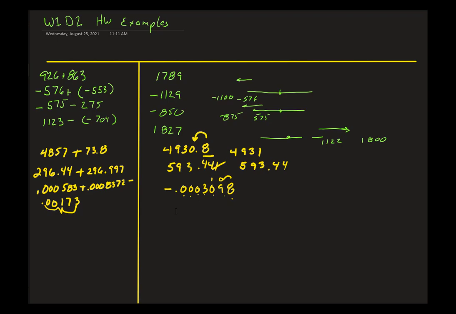And so that should be it. Negative 0.00031 should be our answer. And as you recall, it's pretty close to the negative 0.0003 that we thought we were going to come up with.